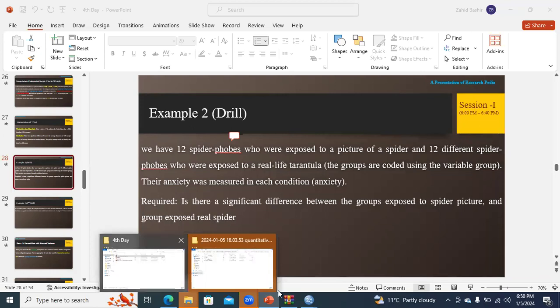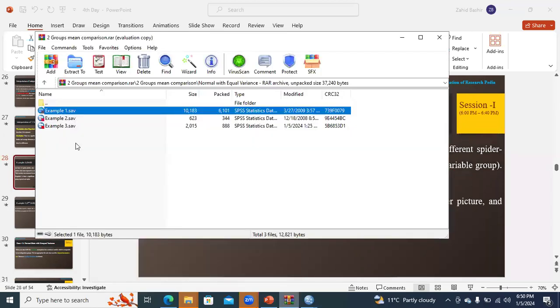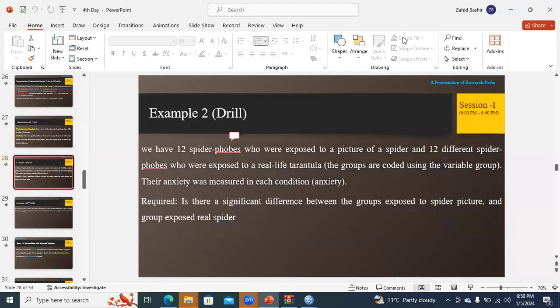I will let you know that you have a dataset with example 2 name in the same folder, normal with equal variance. And you may also check the same procedure on example 3 also. So try to complete the procedure as early as possible so we may proceed further.